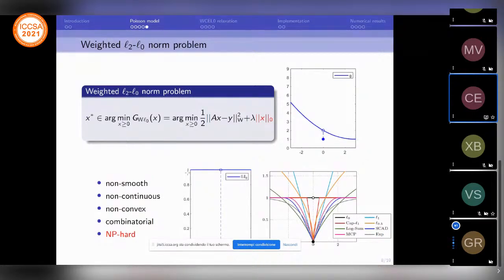The zero norm leads to an NP-hard problem, and so the idea is to approximate, to relax in some sense, the L0 norm with a different norm which approximates the L0 norm with continuity. We have some examples.